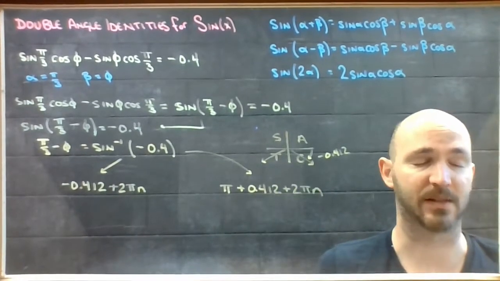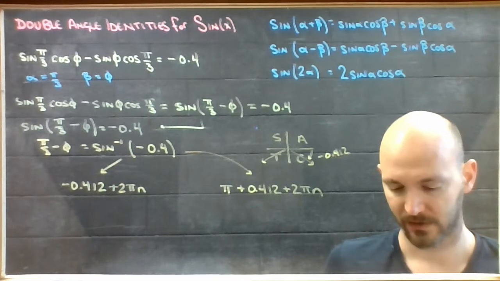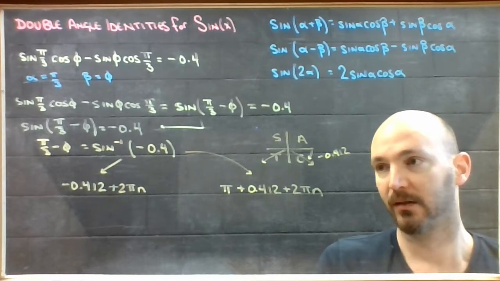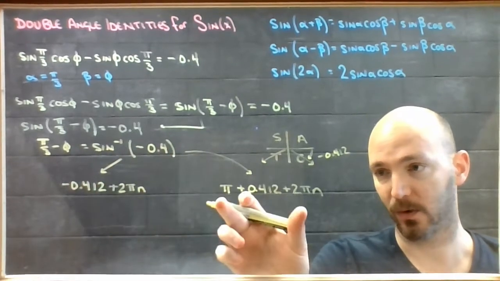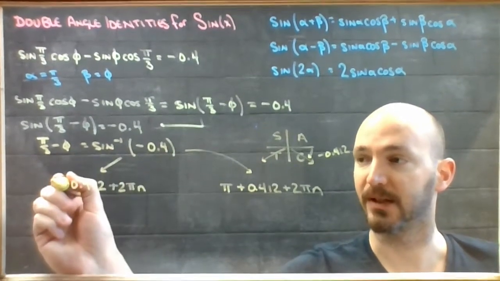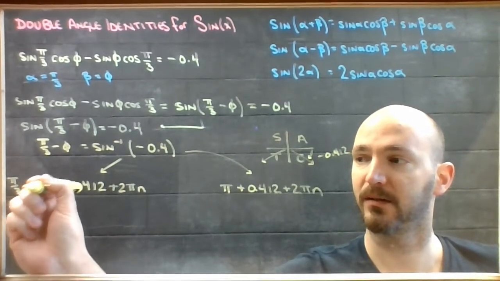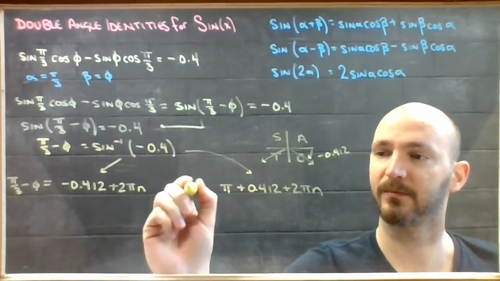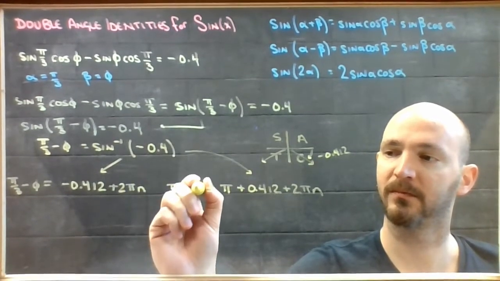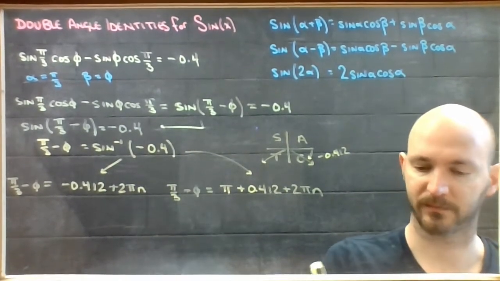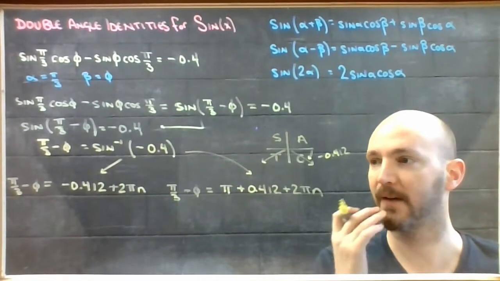That, of course, is no different than what we've been doing in all of the previous sections. So the resolution of my arcsine is either this answer or this answer, and both of those things are equal to pi over 3 minus phi. So I just need to go through and solve now.